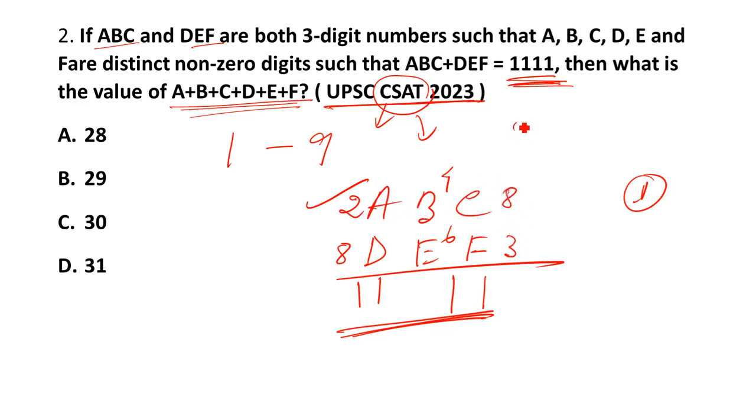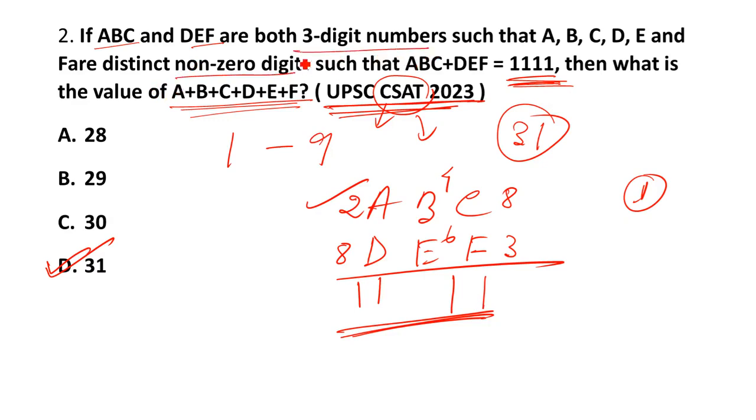So 31 will be our answer. See how easily you can solve the question. It's very easy. If you read between the lines and read the question properly, you can easily answer the question.